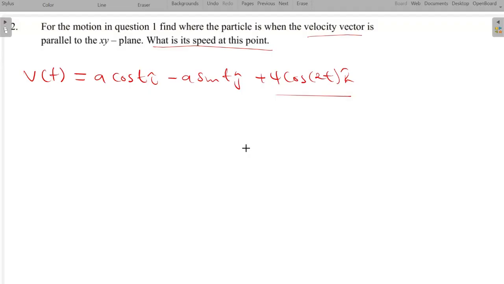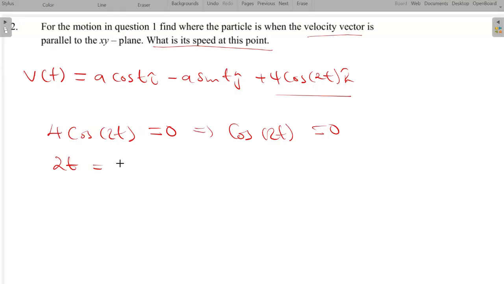So we say 4 cos 2t equals 0. When I divide by 4, I remain with cos 2t equal to 0. Taking the cos to the other side, I have 2t equals cos inverse of 0.